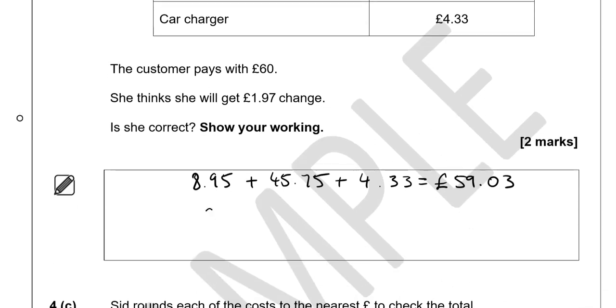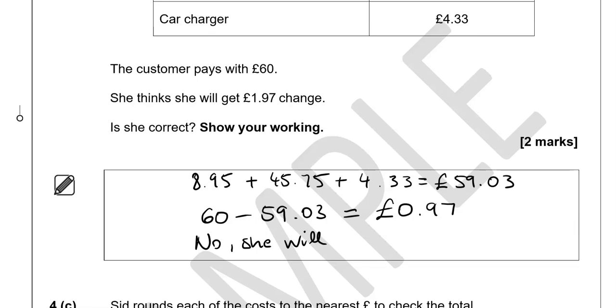If I take that away from 60, that leaves me with 0.97. So the answer is no, she will get 97p change.